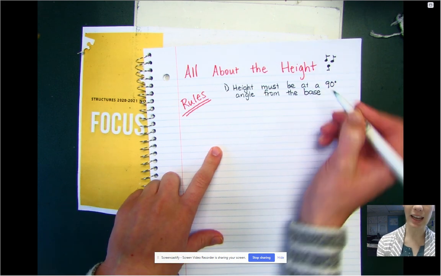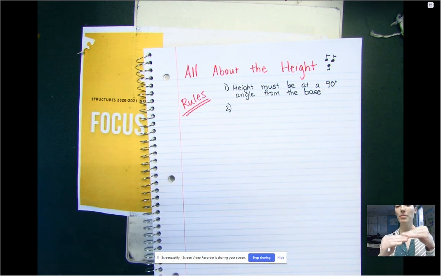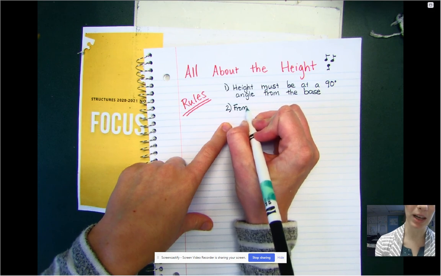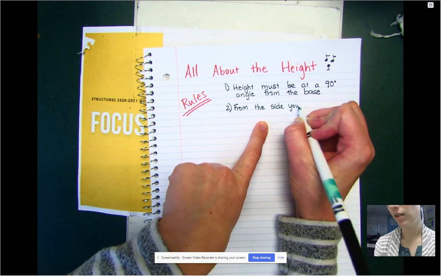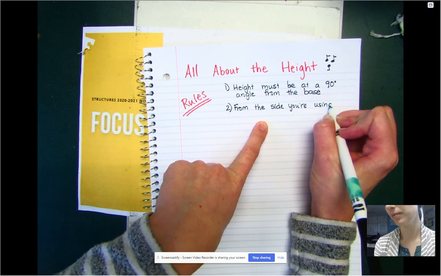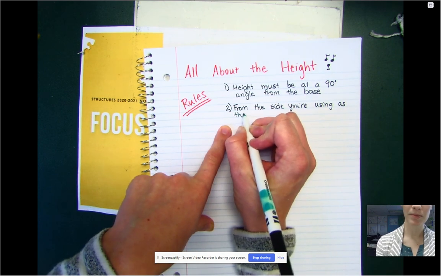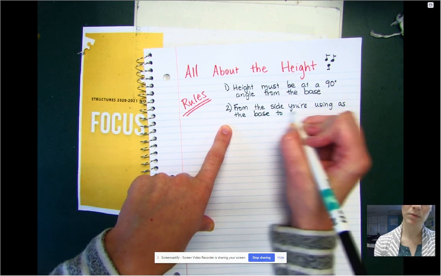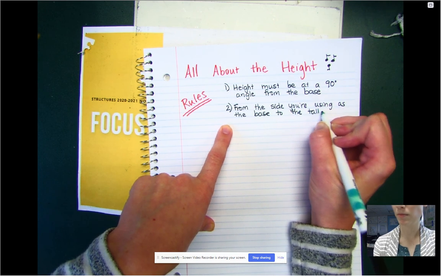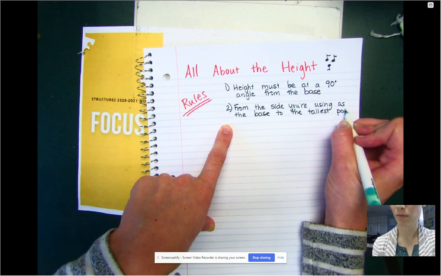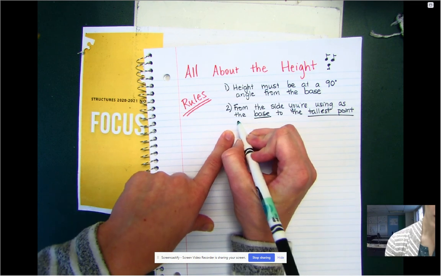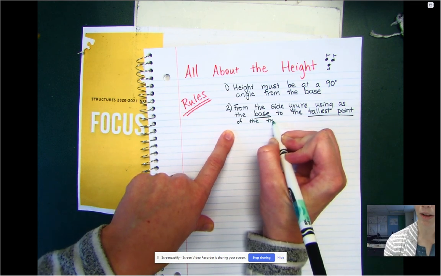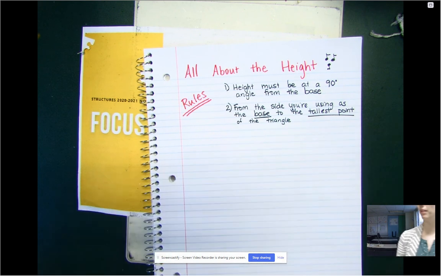The second thing is that the height needs to go from the base to the tallest point of the triangle, or from the side you're using as the base. And that basically just means the furthest possible point from the base.